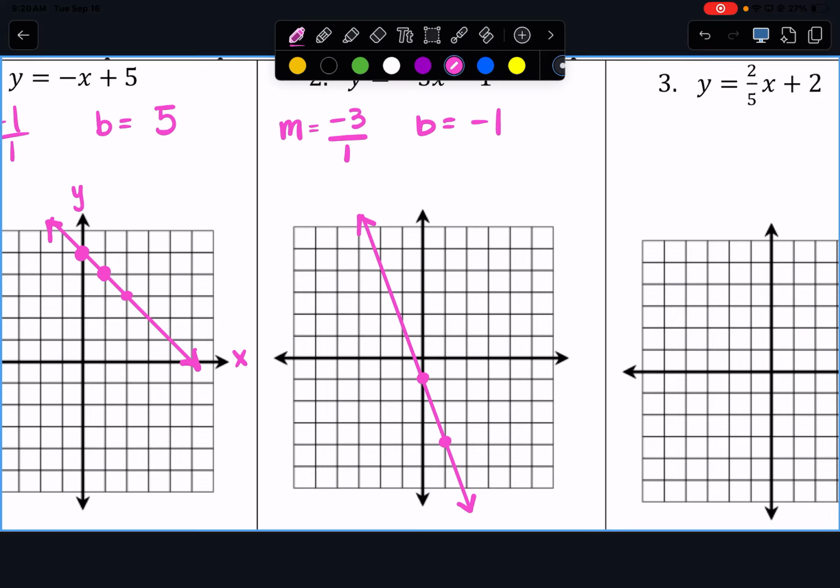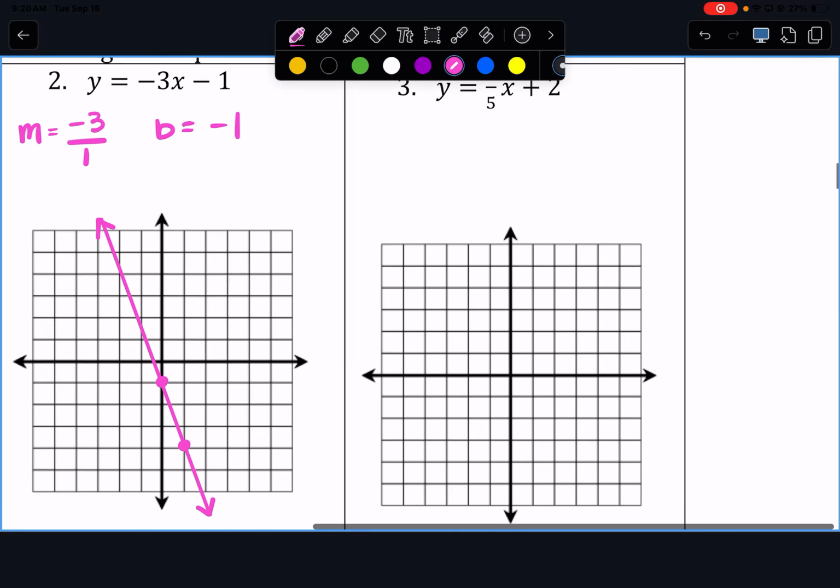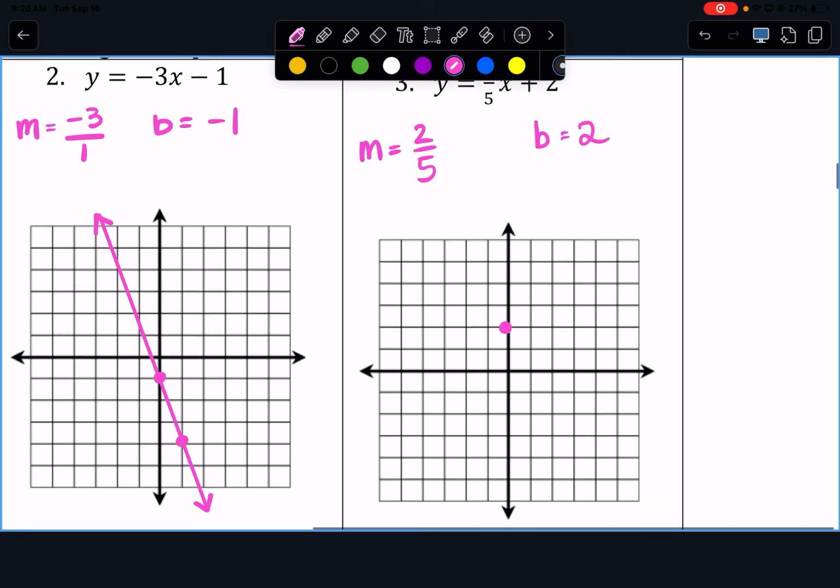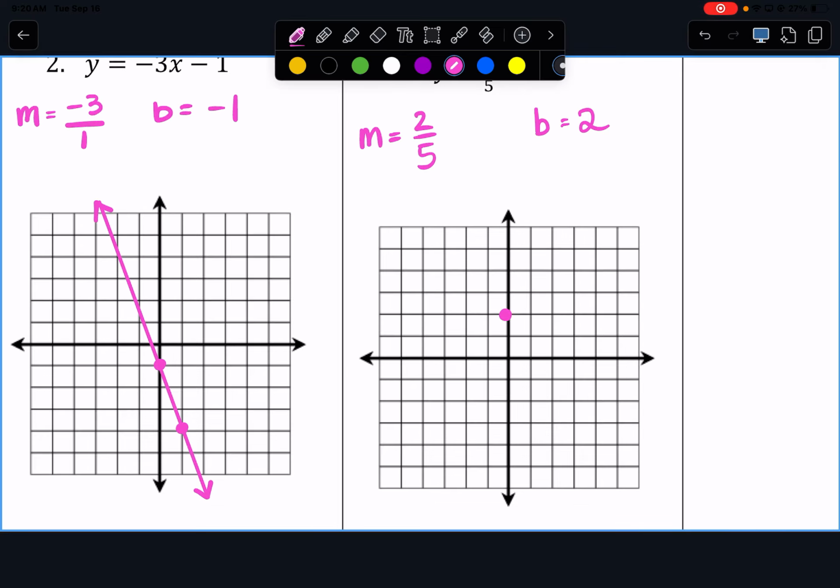All right, now for number 3. What is our slope? 2/5. What is our y-intercept? 2. So I'm going to go to where y equals 2. And then from there, what am I going to do to graph the next point? Up 2, 1, 2. Then over 5.